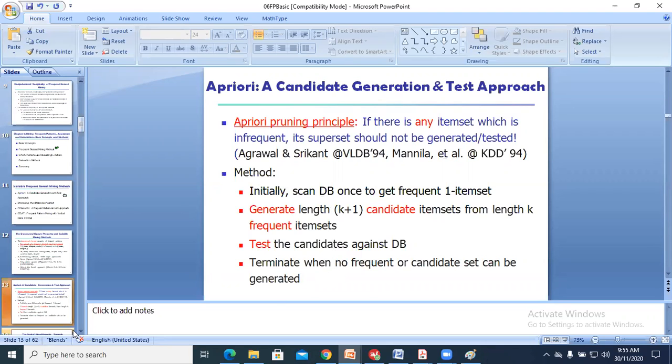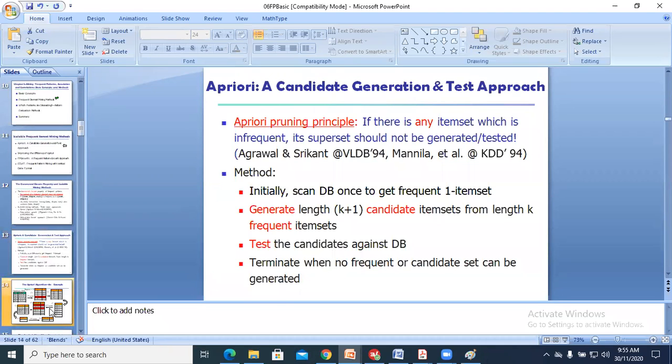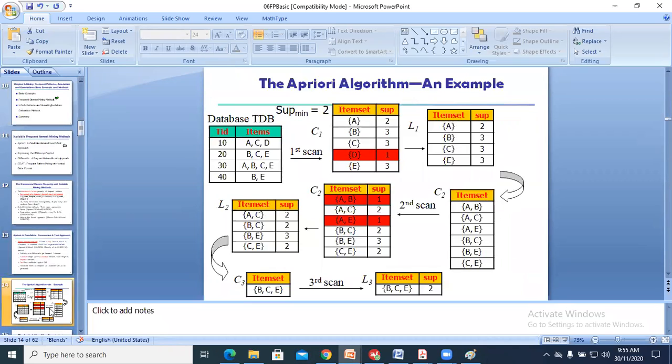We will look into this method. First, we take an example of how this Apriori algorithm works. For example, we have 4 transactions in which we have different item sets, and the total products are 5: A, B, C, D, and E. We will scan for each individual item.